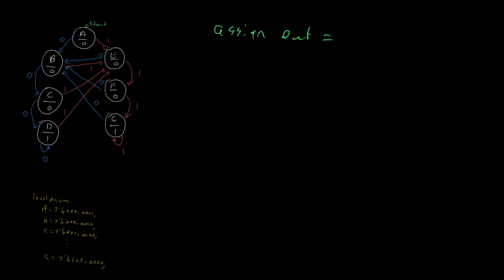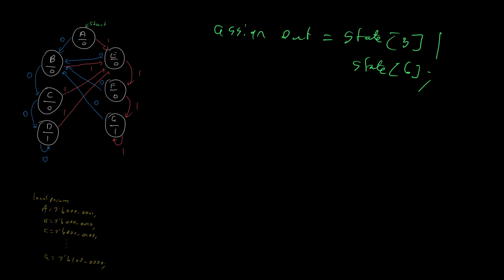Therefore, our output logic is going to be equal to state bit 3 or state bit 6. So if bit 3 of state is a 1 or bit 6 of state is a 1, output is going to be a 1, corresponding to bit 3 represents D and, sorry, bit 6 represents G according to this assignment that we've made.